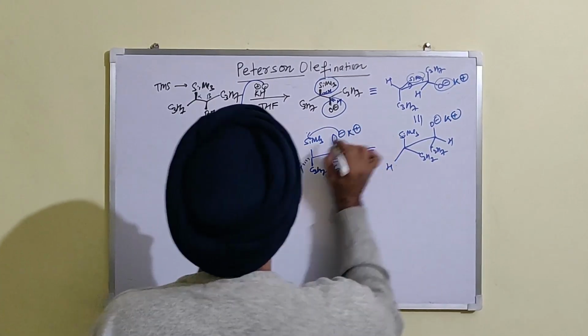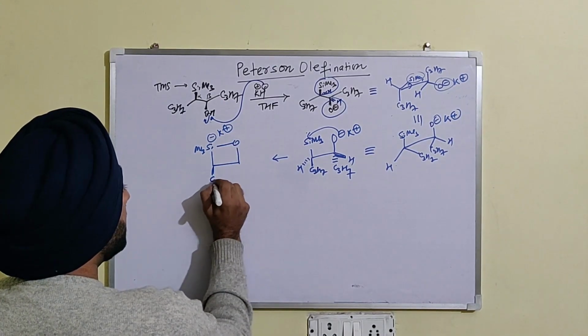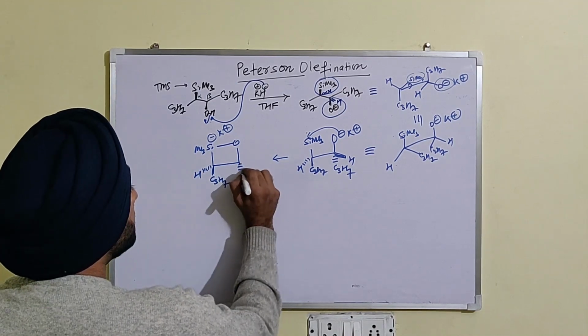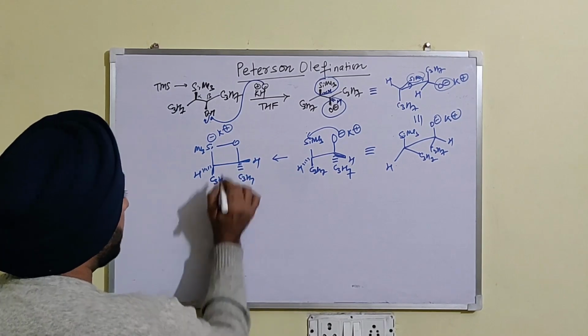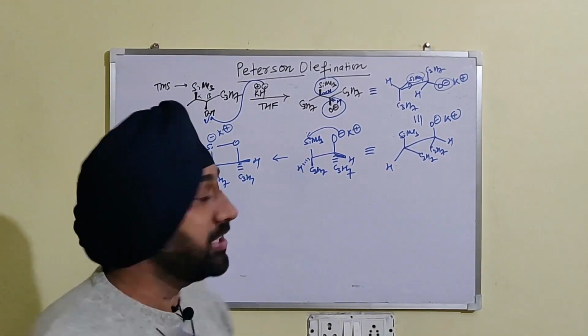So you can write K positive here, and then what you have is C3H7, C3H7. Okay, here the elimination takes place just like in the case of Wittig Olefination.